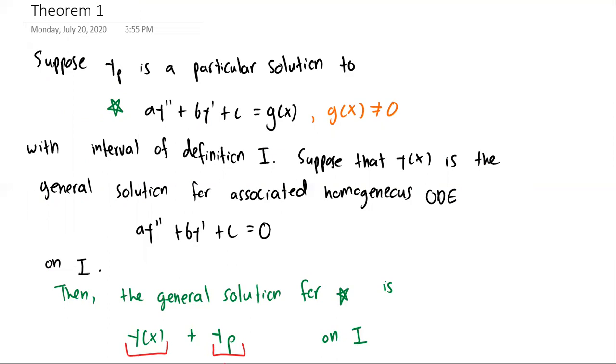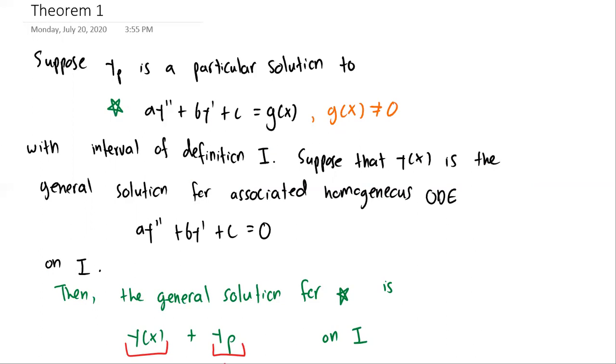So suppose that y sub p is a particular solution to star, the non-homogeneous differential equation, second order linear non-homogeneous with constant coefficients. And suppose that this particular solution has interval of definition I. Furthermore, suppose that y of x is the general solution for the associated homogeneous ODE, meaning replace g of x with 0, find the general solution for that, and label that y of x.